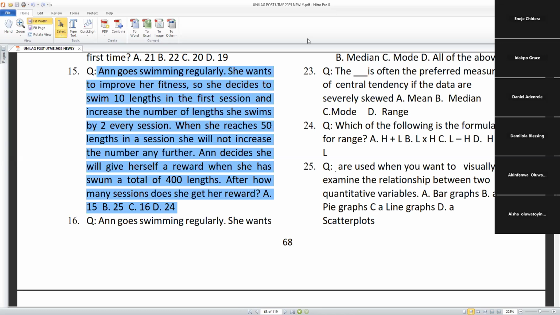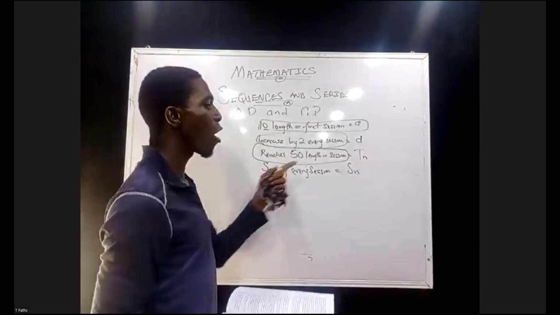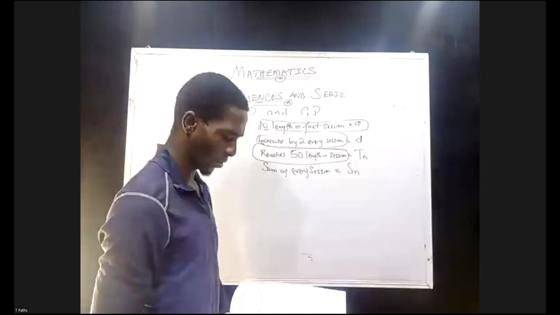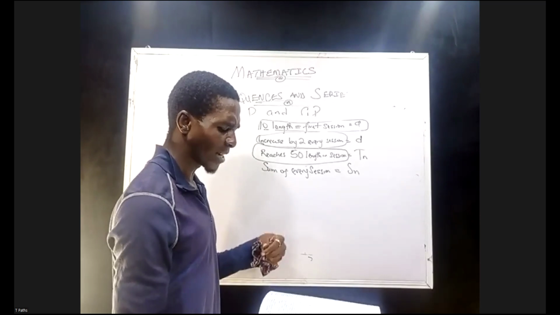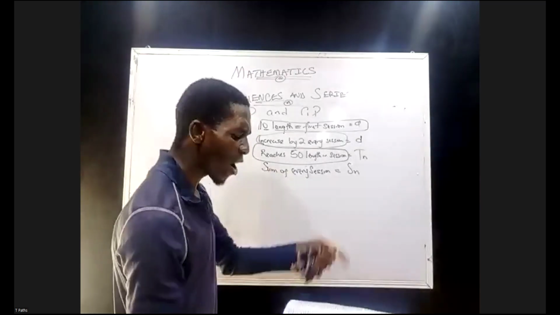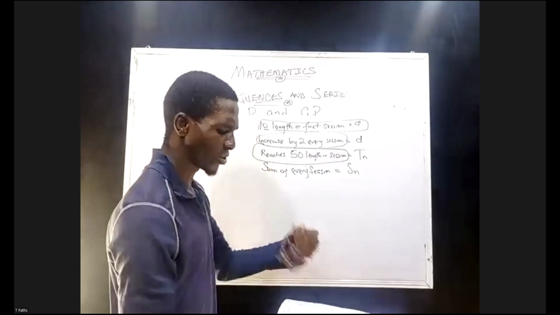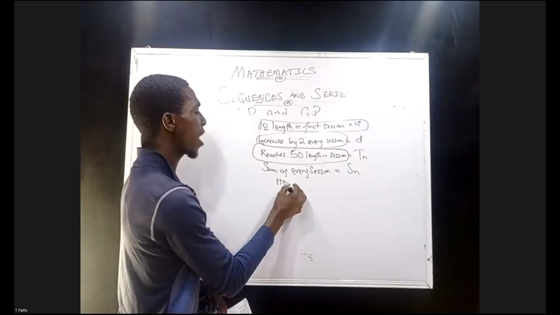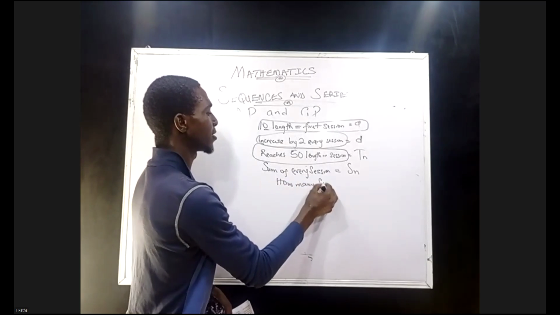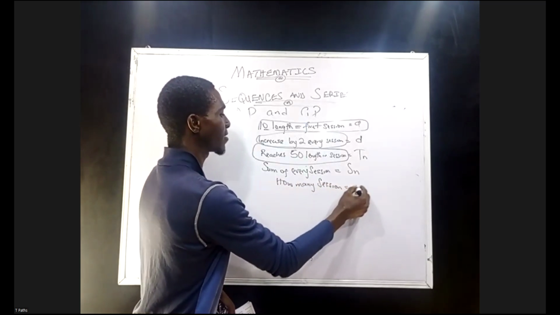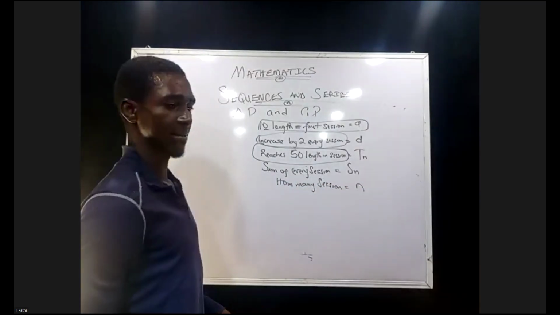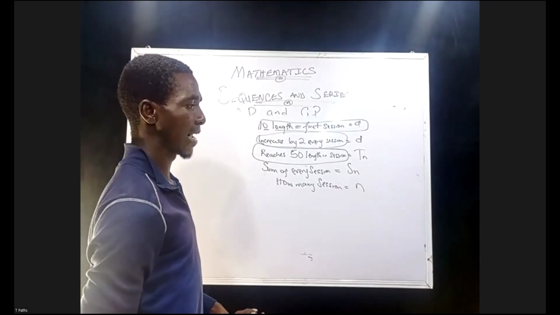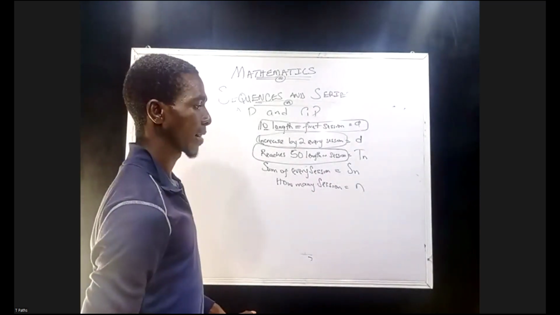So the reward she is giving herself is the sum of the AP in our question. Now, the questioner says, after how many sessions does she get a reward? So the question is also asking us how many sessions. So how many sessions says what? n. Is that clear? Yes, sir.